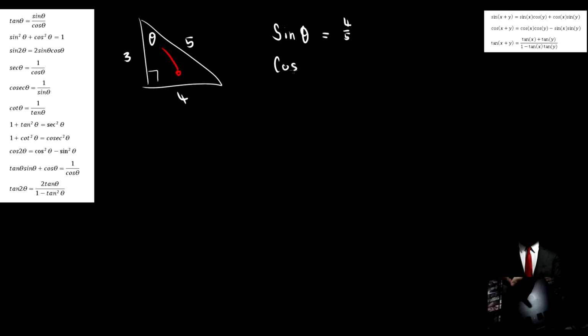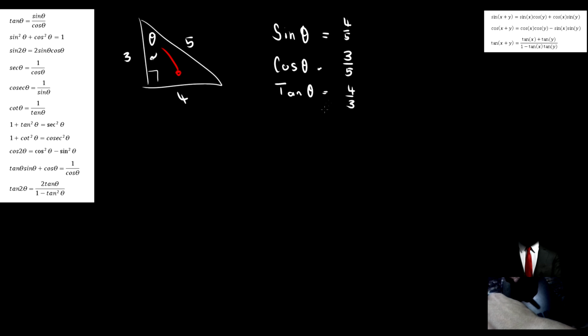I can do the same for cosine theta, where I say the cosine of theta is equal to 3 over 5, since it's my adjacent over my hypotenuse. And then we have tangent of theta, which is going to be opposite over adjacent. Okay, so these are the base values I'm going to use in order to prove all these identities.